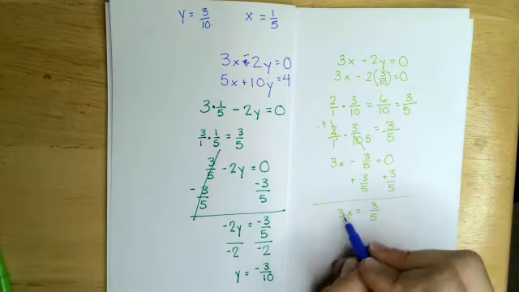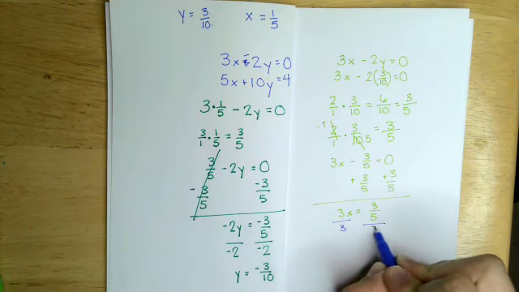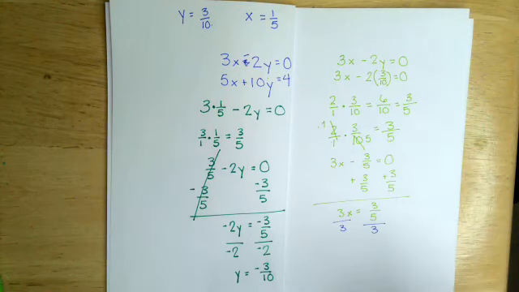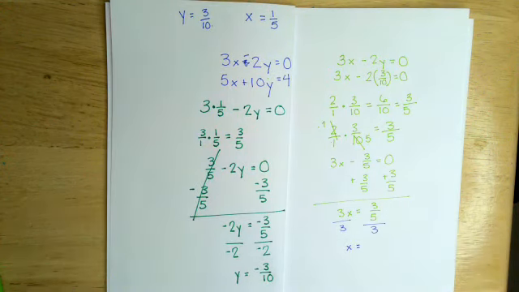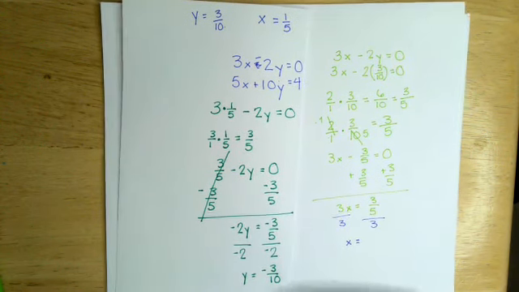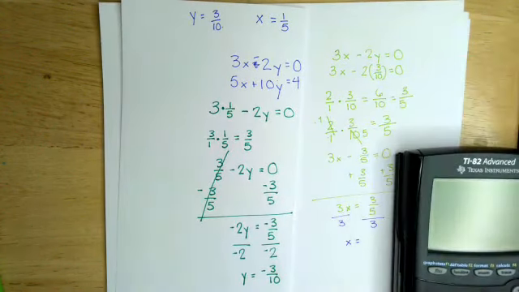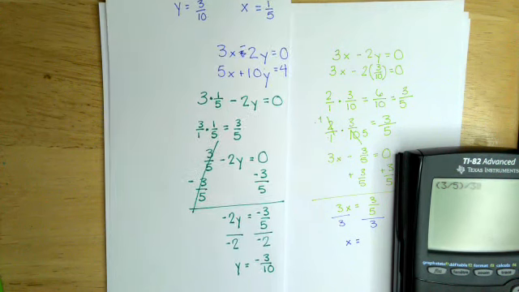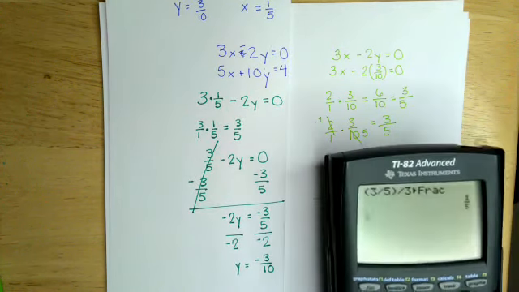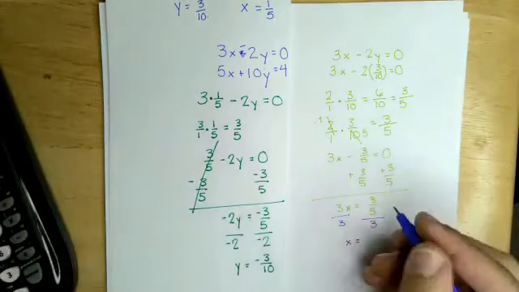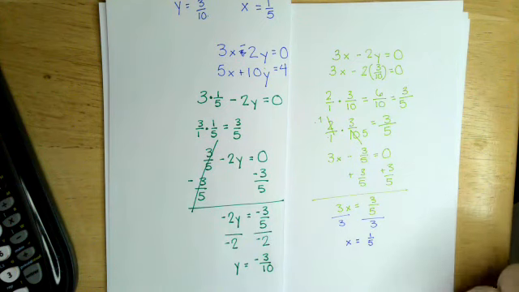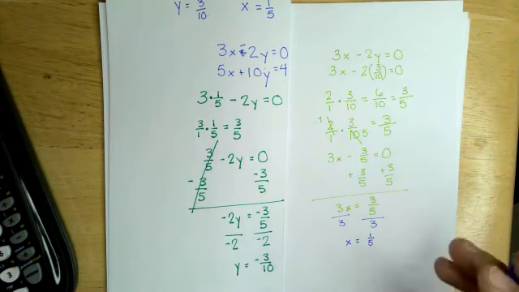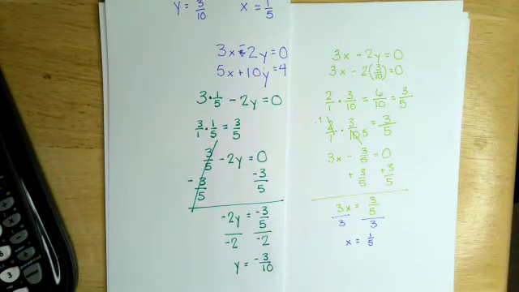And this is why it's a little bit more difficult, is now you have to divide a fraction by a number. But when you put it into your calculator, it just ends up being 3/5 divided by 3 is 1/5. And so you get the same answer.